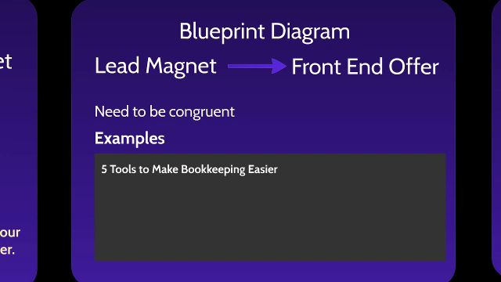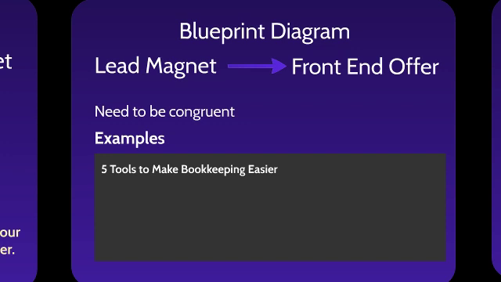Somebody will be selling something like 5 tools to make bookkeeping easier. Now, think about this as a lead magnet, something that I can give away for free. Let's say, for example, this is a report: 5 tools to make bookkeeping easier. As I'm reading this, I'm thinking, okay, these are the tools that will make my life a lot easier as I'm organizing my taxes for the end of the year.